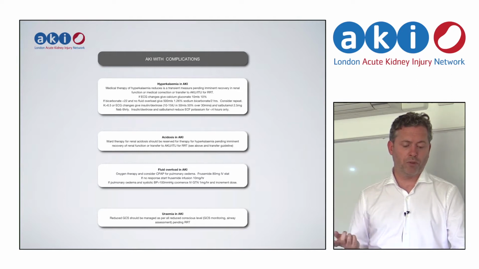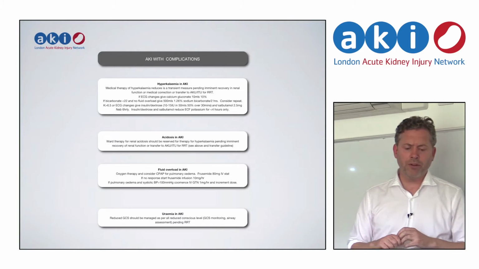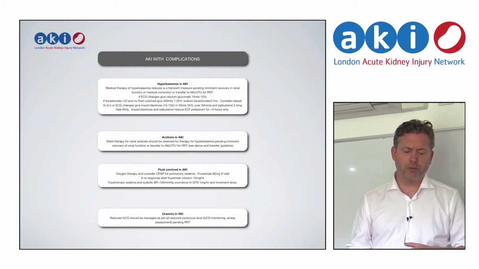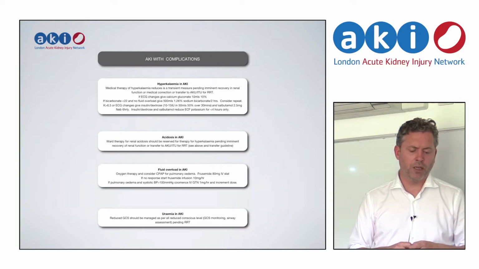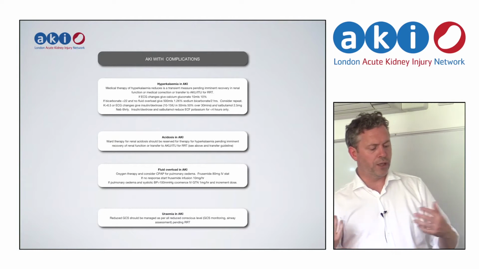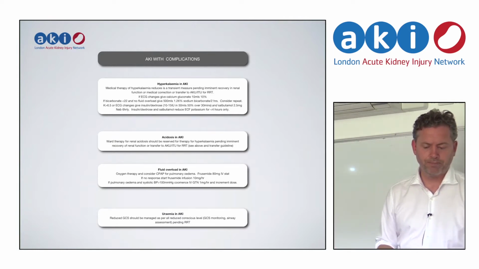I'll say that again. No other specific therapy other than reconstitution of kidney function or renal support, but clearly we should handle patients who have a reduced conscious level in a conventional way. So Glasgow Coma Scale, airway protection, escalation to intubation, etc.